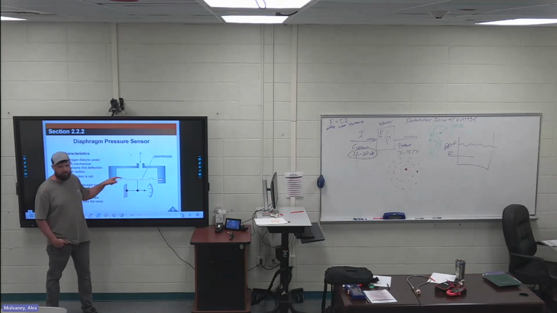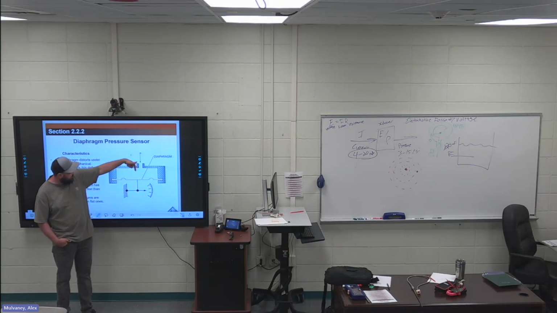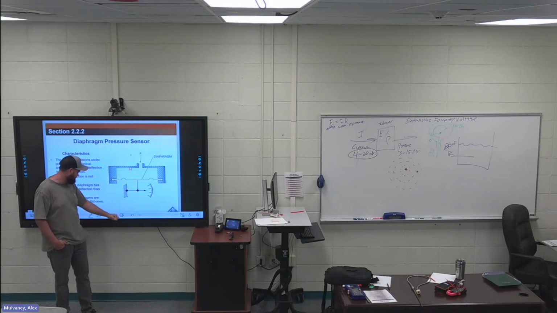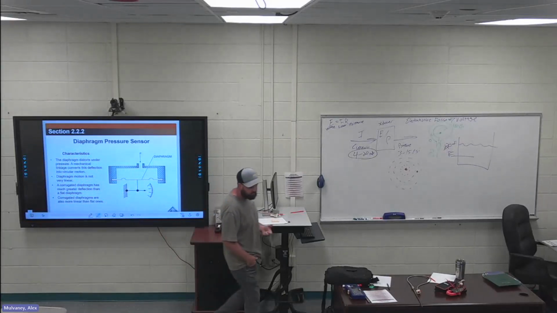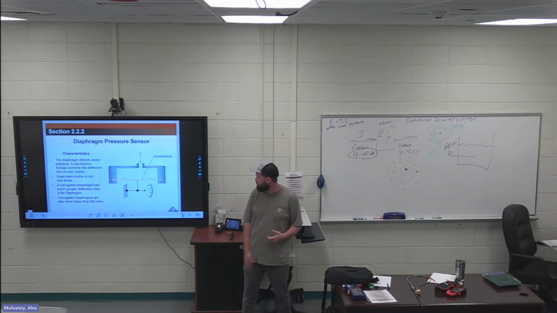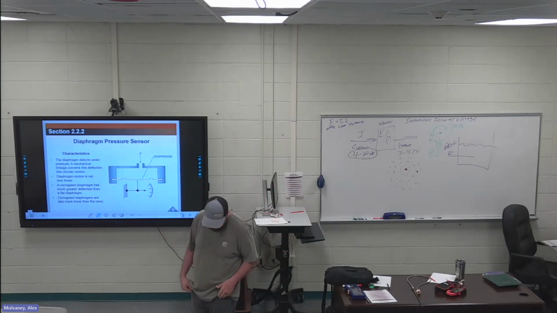This is a diaphragm, some type of rubber material or something like that, and this pressure pushes on that. Based on that movement right there, it changes the dial. Fairly simple. The diaphragm is some type of rubber, but as that diaphragm moves, the gauge moves. It's usually pretty small movements.